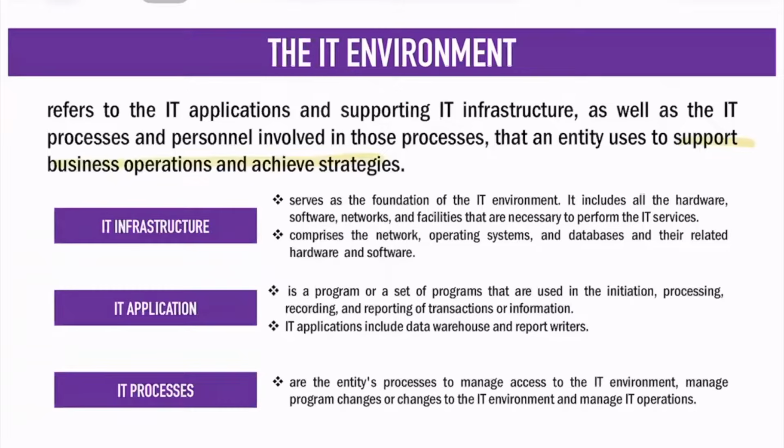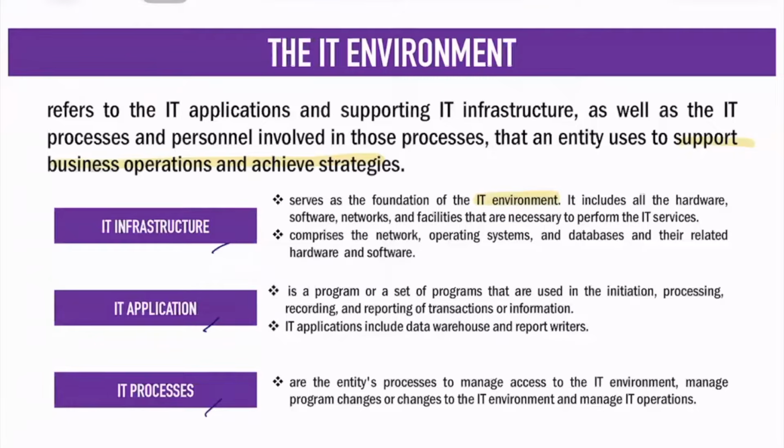So therefore, whenever we talk about IT environment, it is composed of three main items. So the IT infrastructure, the IT application, and the IT processes. So first, we look into the IT infrastructure. The IT infrastructure serves as the foundation of the IT environment.